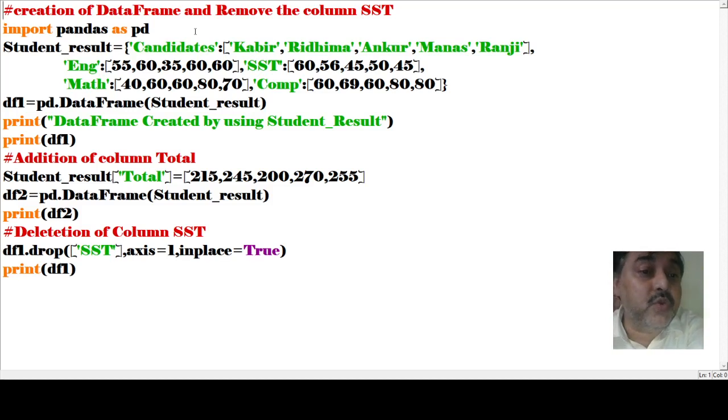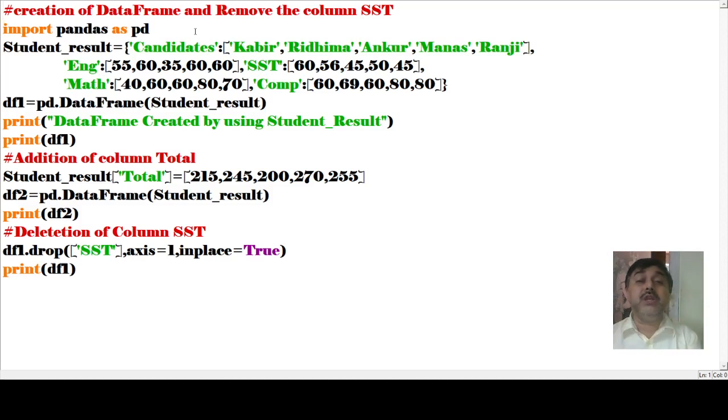Now df2 equals pd.DataFrame(student_result), then print df2. So that has been stored in df2.